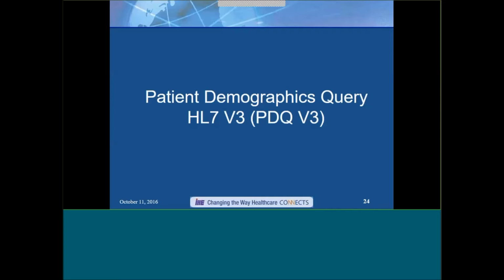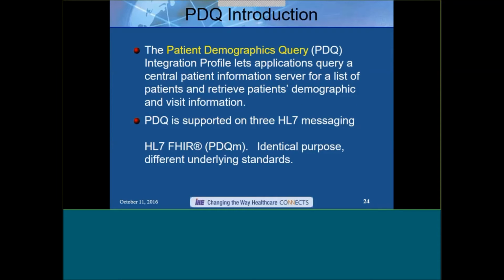All right, so let's move on and talk about PDQ. PDQ is a slightly different use case than PIX. Sometimes you want more information than just an ID. So PDQ gives you a way to ask a demographic supplier for a list of patients that match certain demographic criteria, and also receive a list of demographics for each matching patient that's returned.